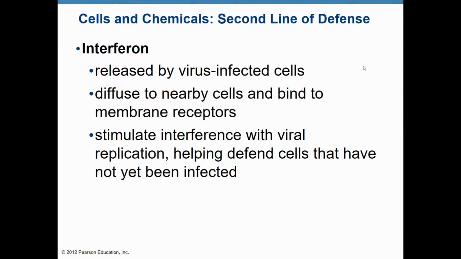So the one that's already infected is like, you know what, it's too late for me. There's nothing I can do about it, but I'm going to try and save my neighbors, right? So it produces these interferons. The interferons enter the neighboring cells that have not been infected, and so they can start producing their own antiviral proteins.